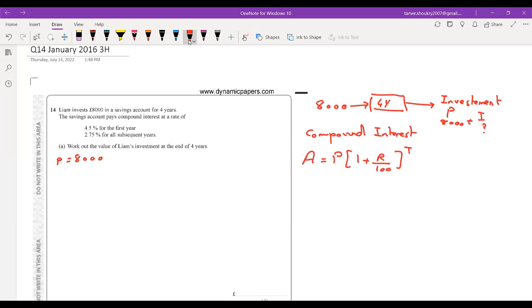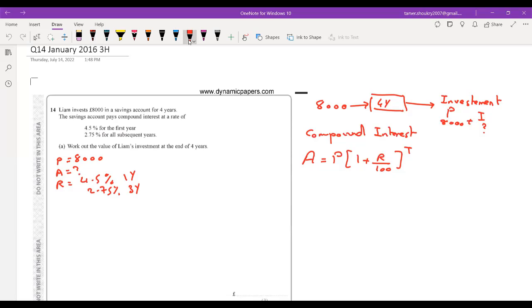That's okay. And A is the amount that he's asking for, but R is two different rates: 4.5% in the first year and 2.75% in the remaining 3 years.